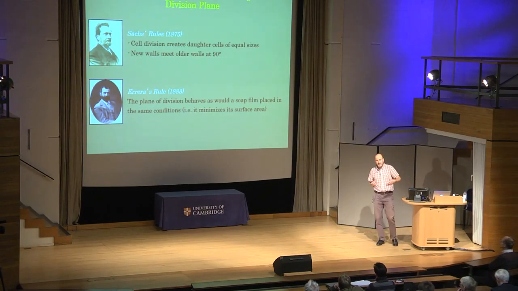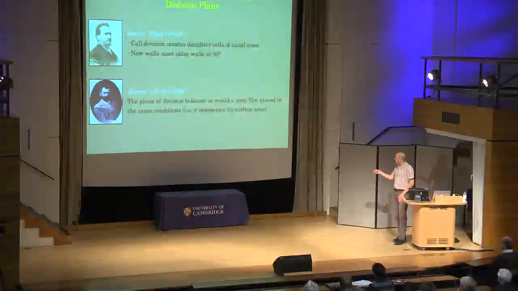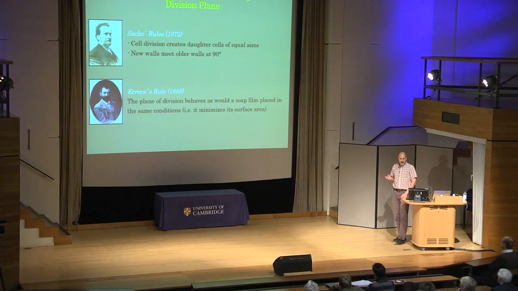Plateau had observed the law for the equilibrium of soap films, and Errera realized that many plant cells, when they divide, seem to be approximating what a soap bubble would do. As you probably all know, a soap film will try to minimize its surface area. So by making this parallel, Errera was saying that a dividing cell will probably look for a division plane that minimizes its area.